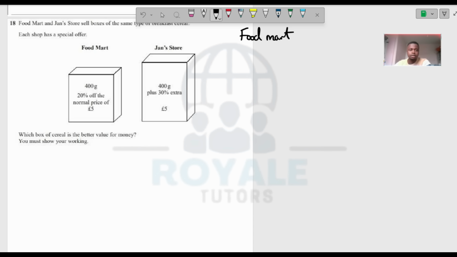At Food Mart, I have 400 grams sold at 20% off the normal price. The normal price is £5. The sales price, which is how much the product is sold for after the discount, is going to be 20% off.